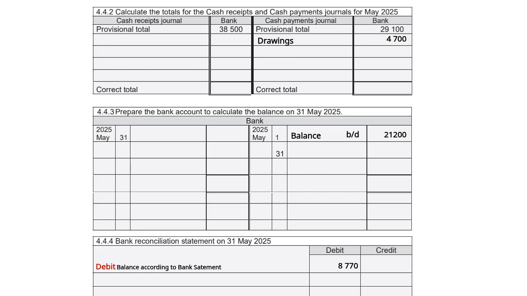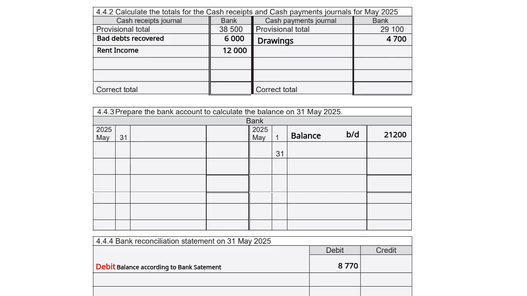So we are going to say bad debts recovered under our cash receipts journal, and we're going to record 6,000 rand. C, an amount of 12,000 was directly deposited in the bank account of the entity in relation to rental fees. So we have an income that we're receiving in the form of rent. So rent income goes to our cash receipts journal, and the amount is 12,000.